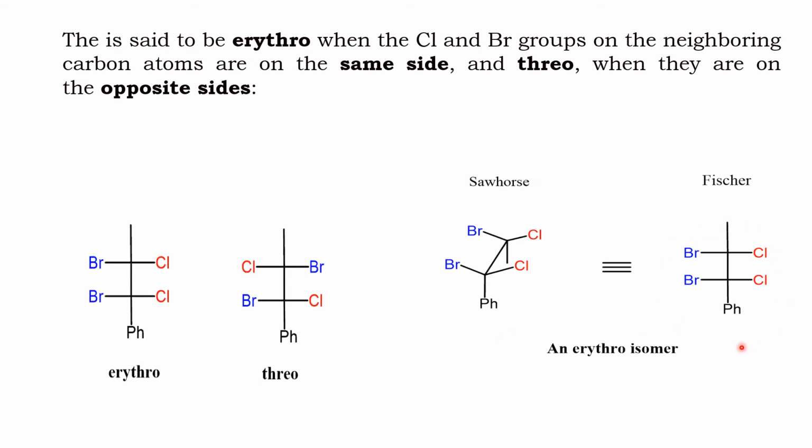You just draw the projection formula for a threo isomer. For a threo isomer, instead of this bromine, there will be Cl, and instead of this Cl, there will be bromine. Don't get confused with D, L, erythro and threo. Very, very important.